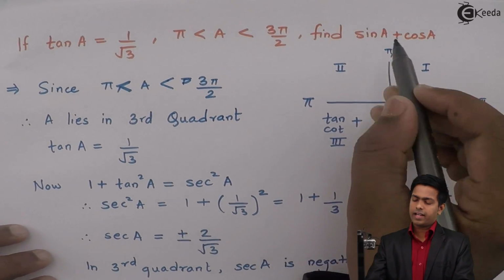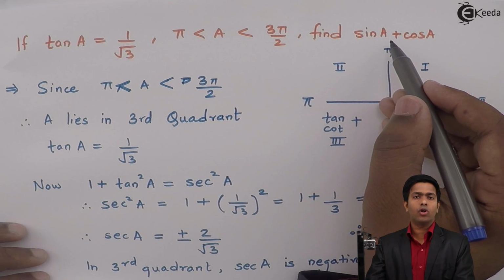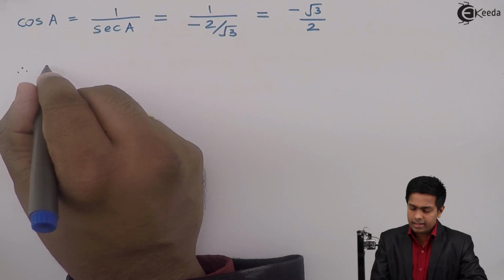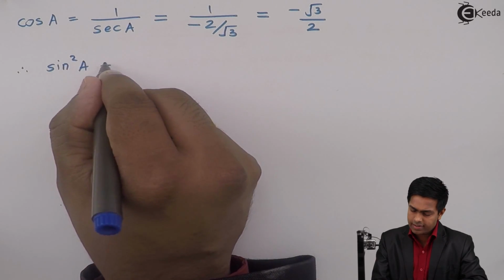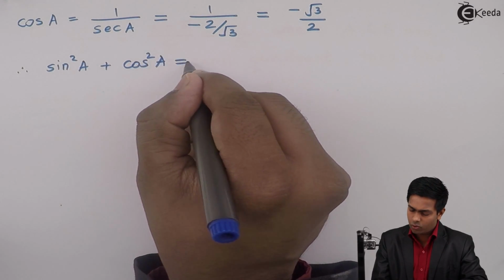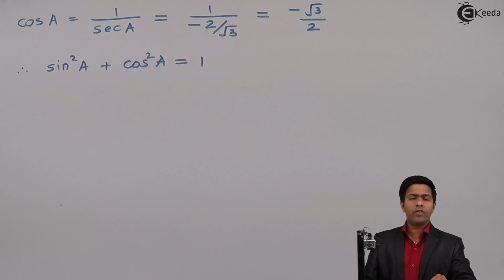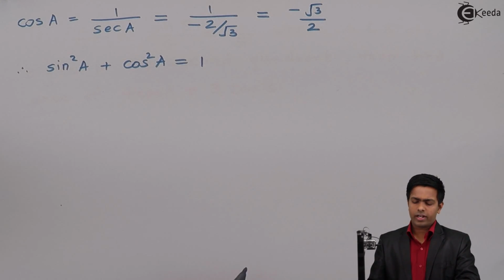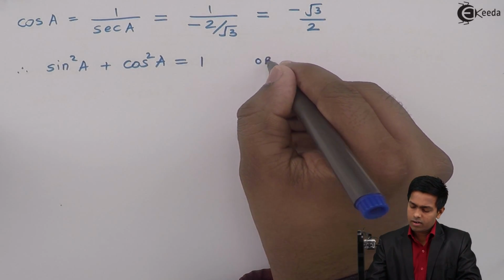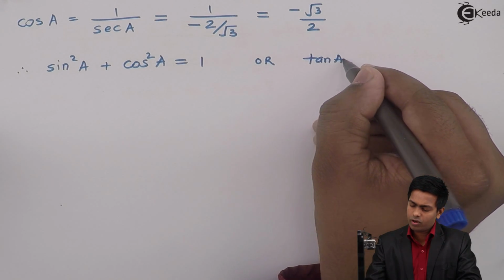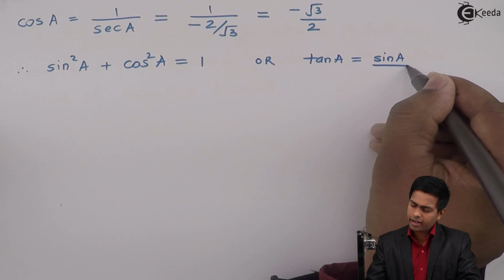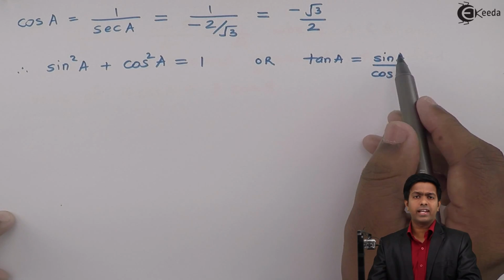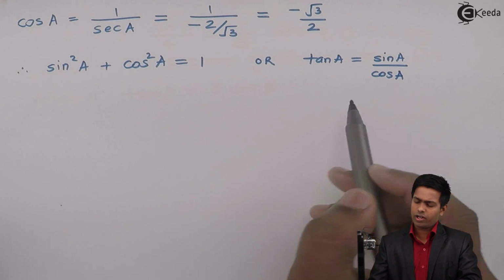Now to get the value of sin A plus cos A, we want the value of sin A also. So let's find out the value of sin A. I can use the identity sin square A plus cos square A is equal to 1, or I can use the relation tan A is equal to sin A by cos A. Since I need to find out the value of sin A and I have value of cos A, sec A and tan A with me, we have value of tan A and we have value of cos A, so we can easily find out the value of sin A. So I'll use this formula.